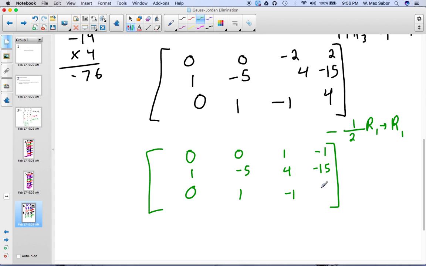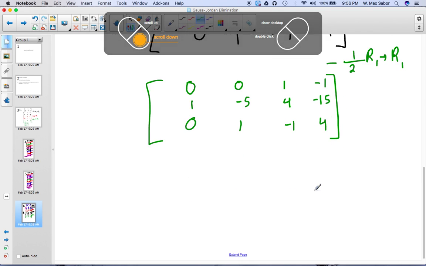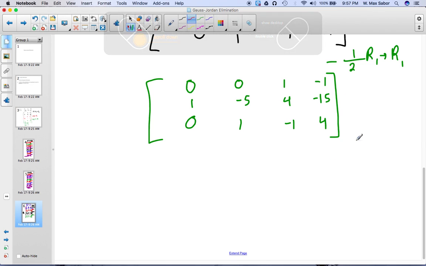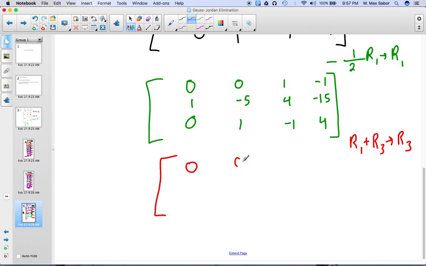It's just a little dangerous in terms of notating everything safely. Add this to R3. Now we have Z and Y.